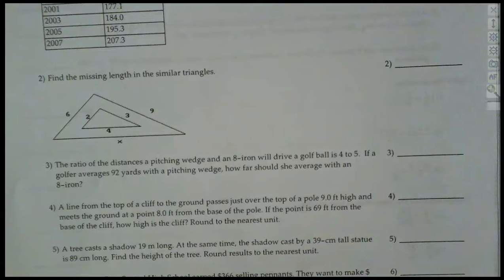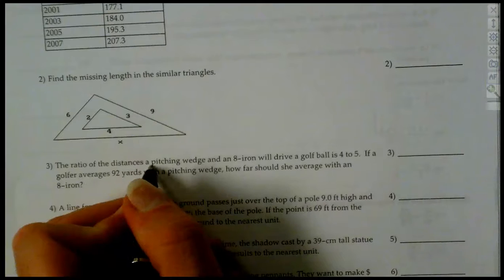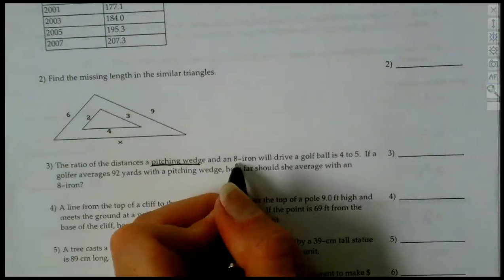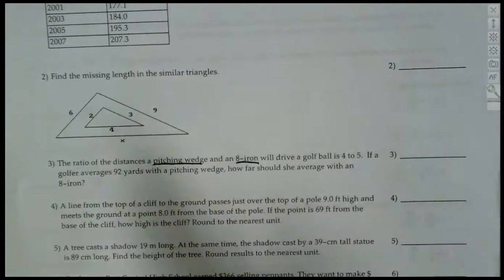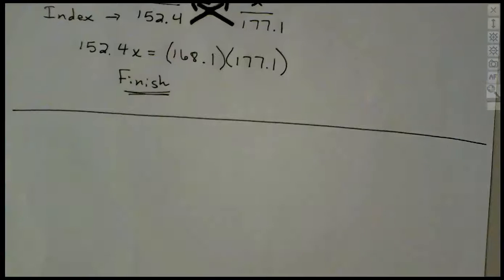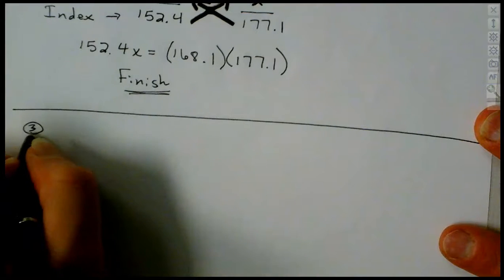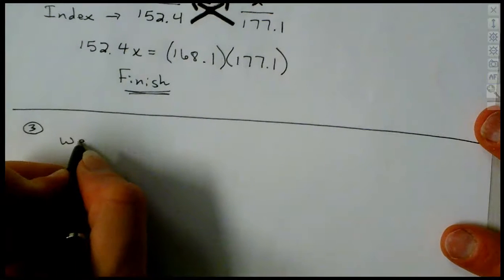So first off, we have to make sure we've got our ratio set. And what do we know here? The ratio of the distances of the pitching wedge and the 8-iron. So the wedge is going to go on the top. The 8-iron is going to go below. The one that's listed first goes on top, and that's the wedge.